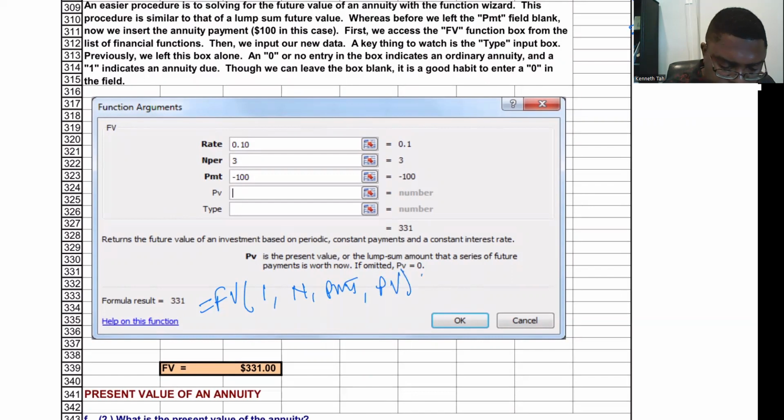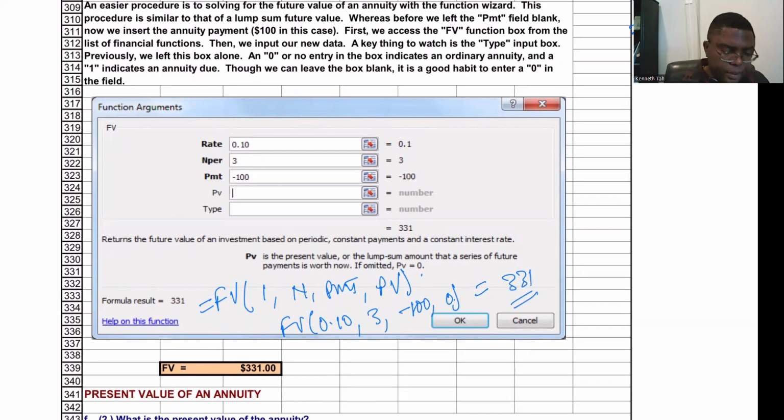The interest rate is 0.10. When it asks for the interest rate, we put a comma, then the number of periods, which is 3, comma, payment negative 100, and then present value is 0. If we press enter, that is going to give us 331.